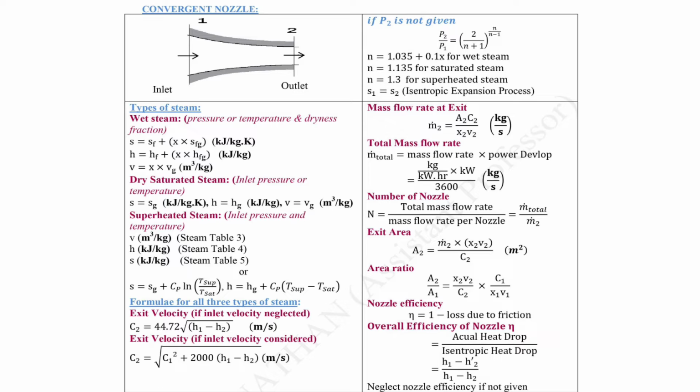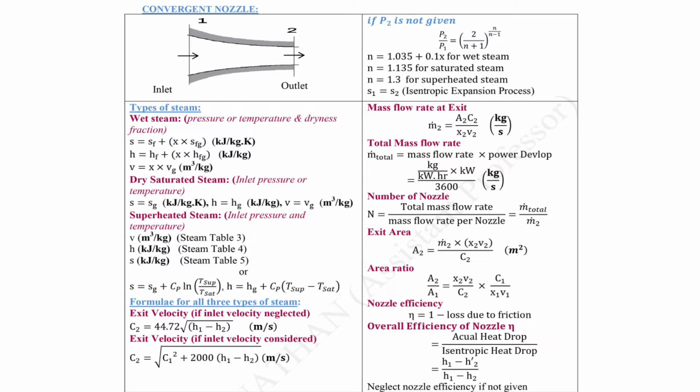Number of nozzles n is equal to total mass flow rate divided by mass flow rate per nozzle. Exit area we can calculate from m2 multiplied with x2 v2 divided by c2. Area ratio A2 divided by A1 is equal to x2 v2 divided by c2 multiplied with c1 divided by x1 v1.